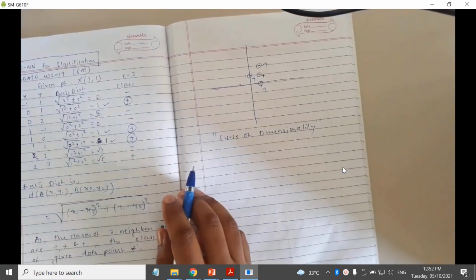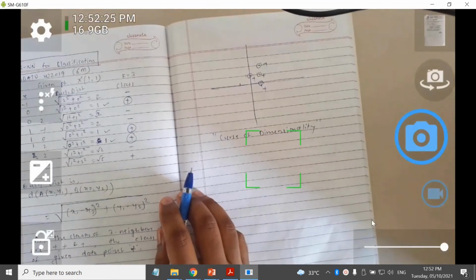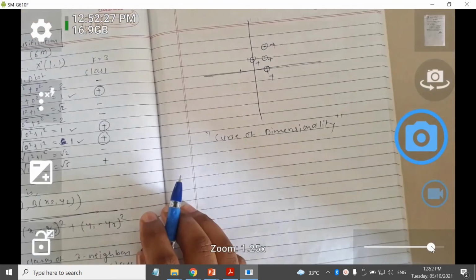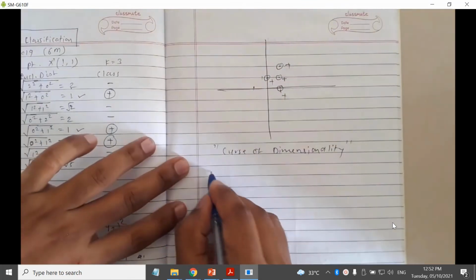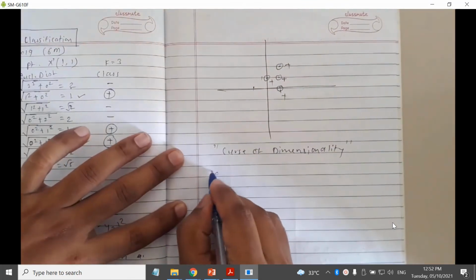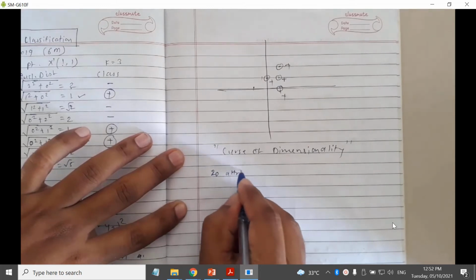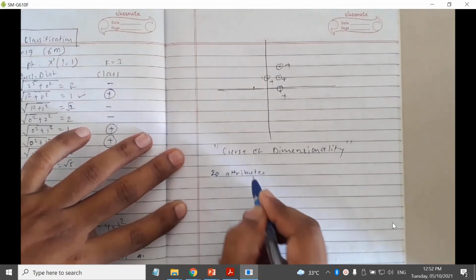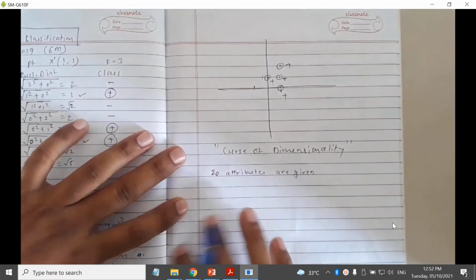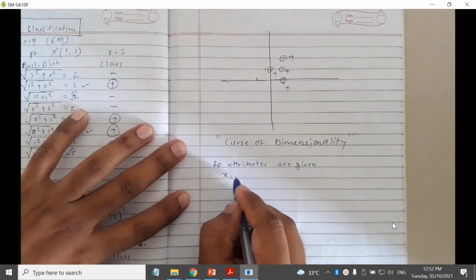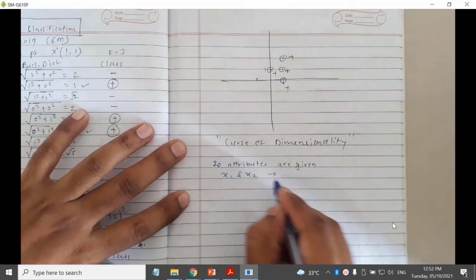Okay, so now consider you have 20 attributes. Attributes are given, and you have two samples, let's say x1 and x2. They are very similar.